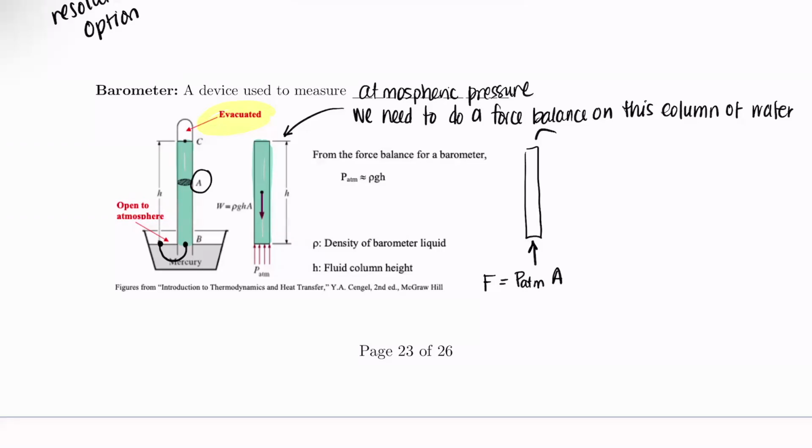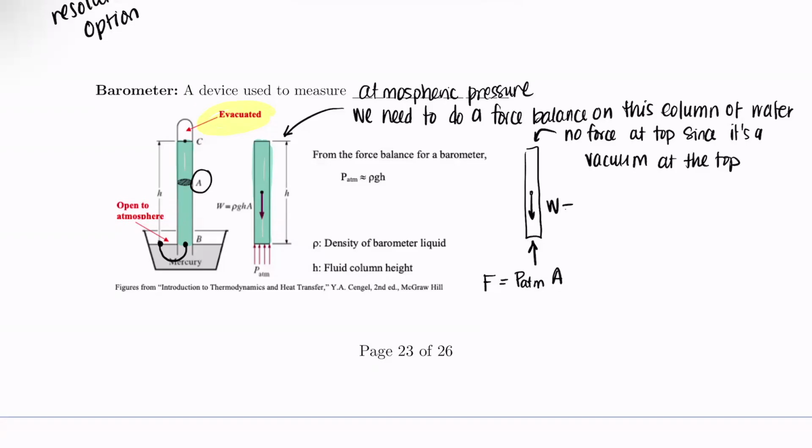We have no force on the top because it's a vacuum. And then we also have the weight of the column.